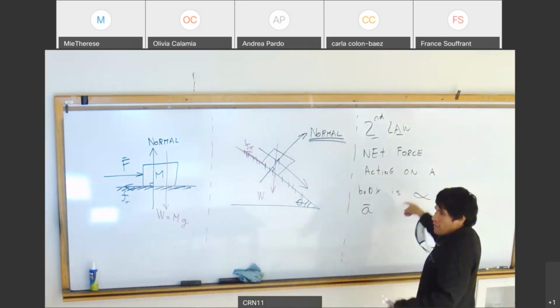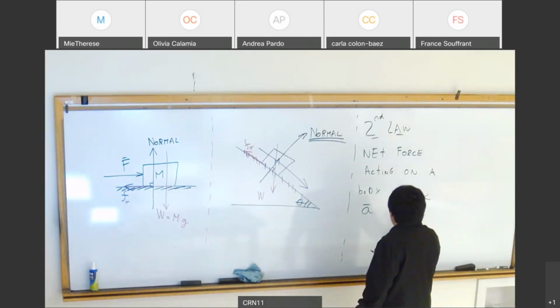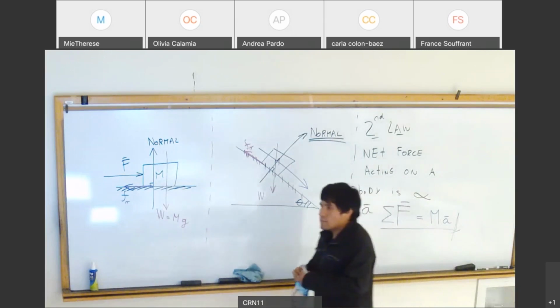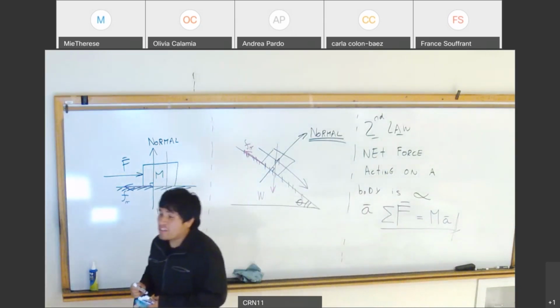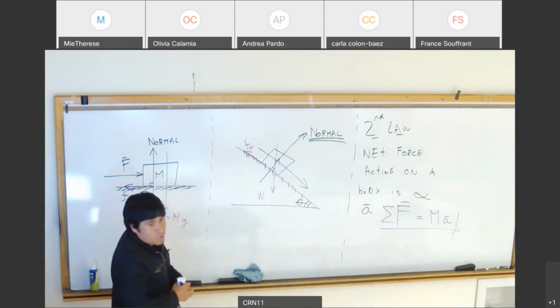The equation will be F, the net force, equals mass times acceleration. So we know this. But that's not the equation for friction though. That will allow us to find the force given the acceleration of the body.